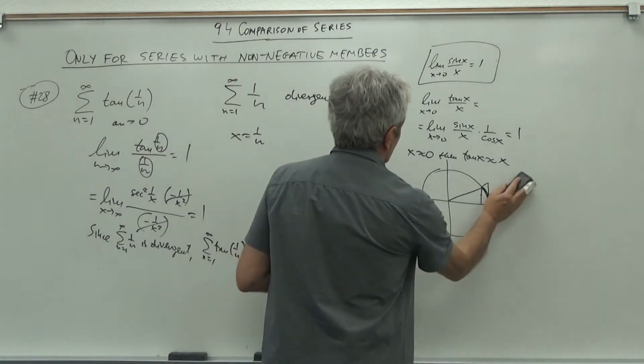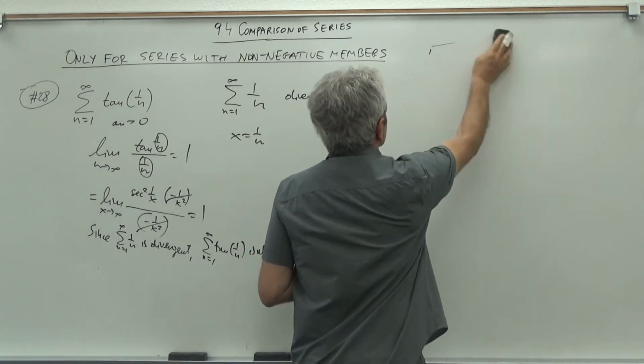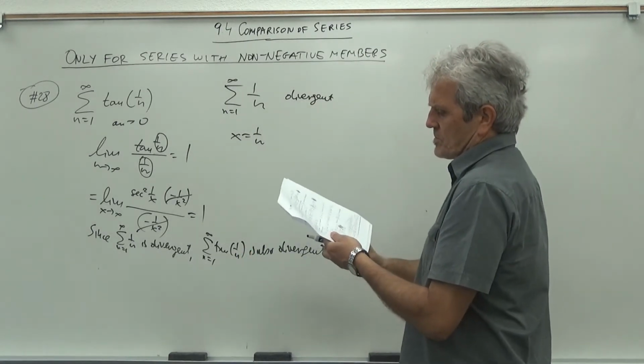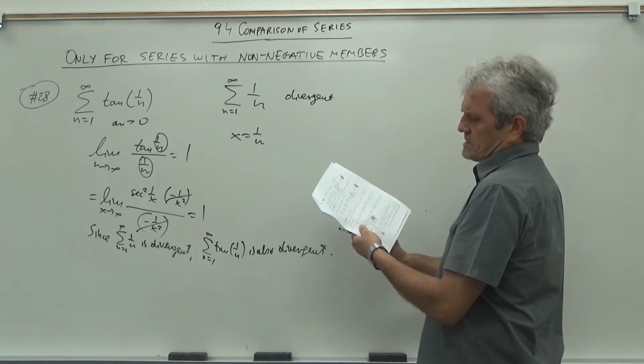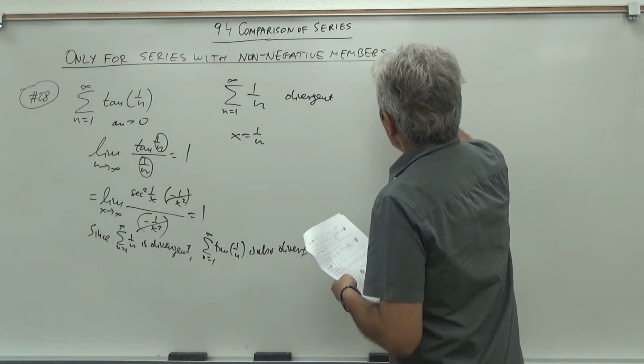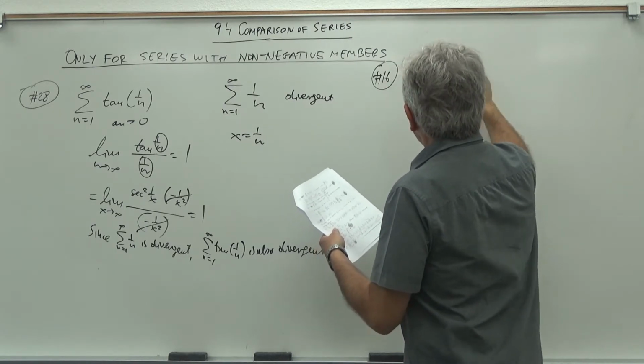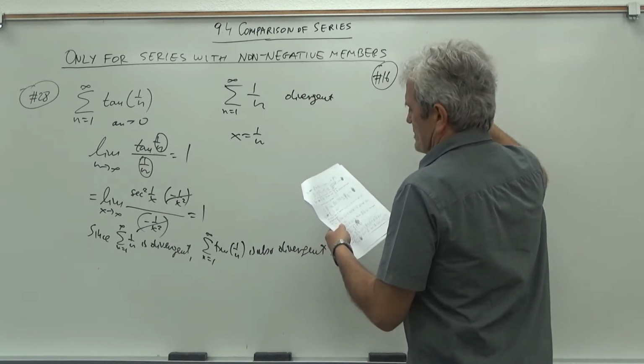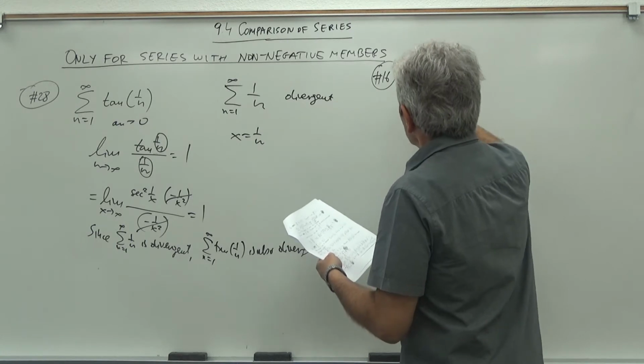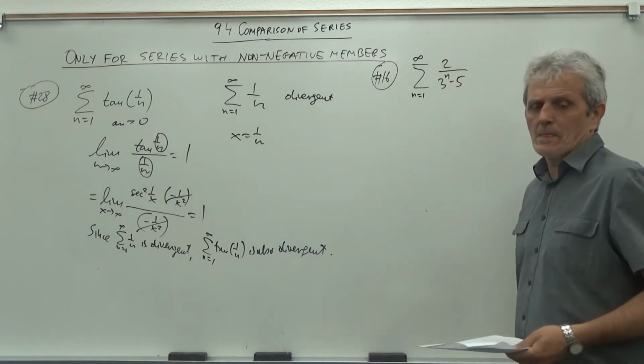Here's one more example. Problem number, I think it's 16. The sum of 2 over 3 to the n minus 5, when n goes from 1 to infinity.